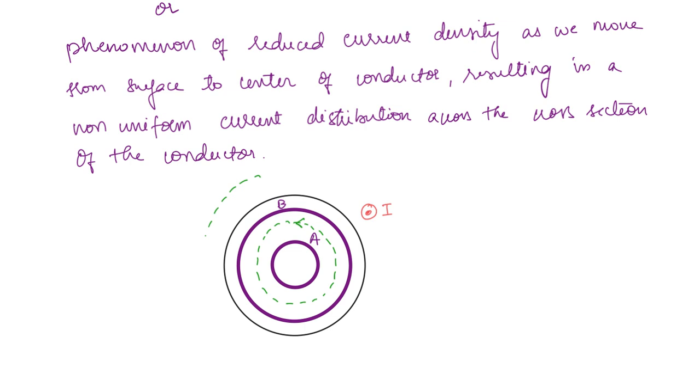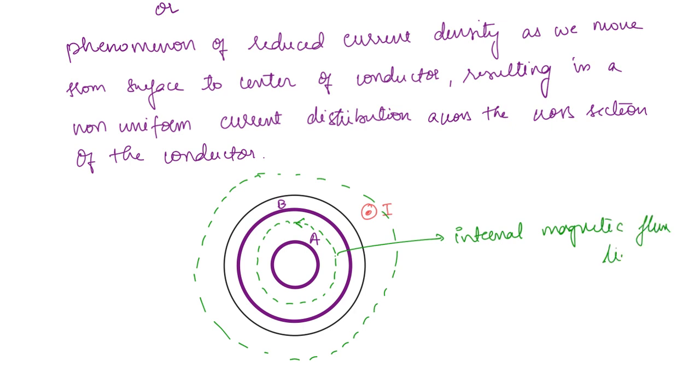Another magnetic flux line we will take external to the conductor. This is the internal magnetic flux line because it is inside the conductor. Both are magnetic flux lines, that is important. One is internal, the other is external, that's all.